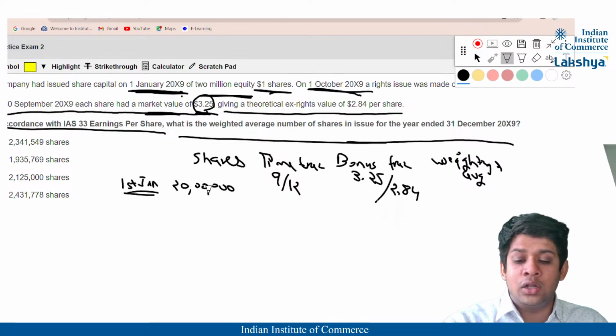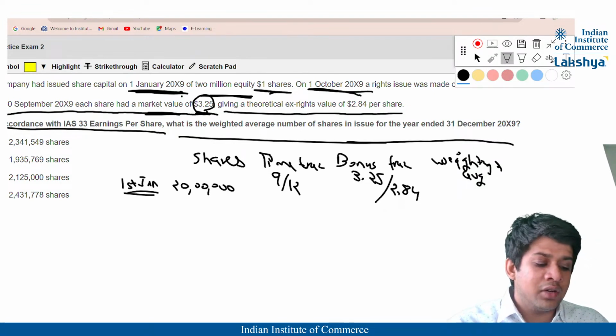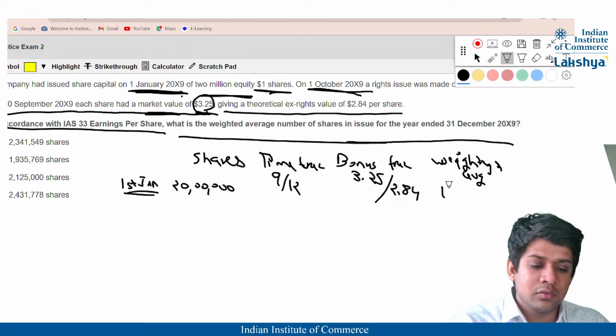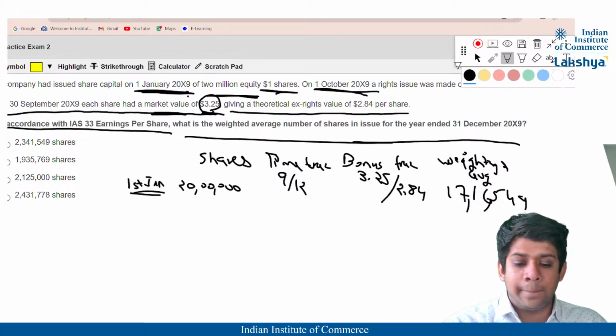So after calculating all this, that is 20 lakh into 9 by 12, into 3.25 divided by 2.84. The weighted average is nothing but 17,16,549. Okay.